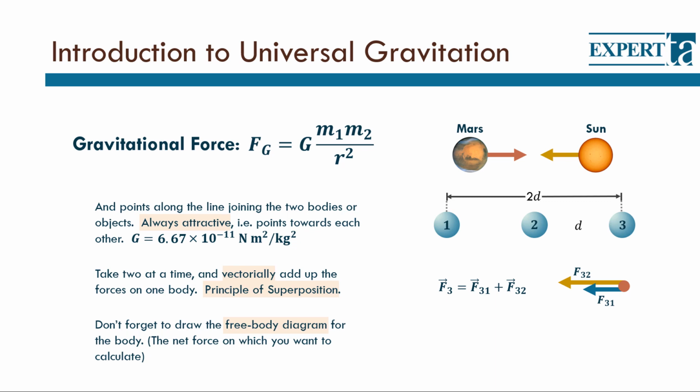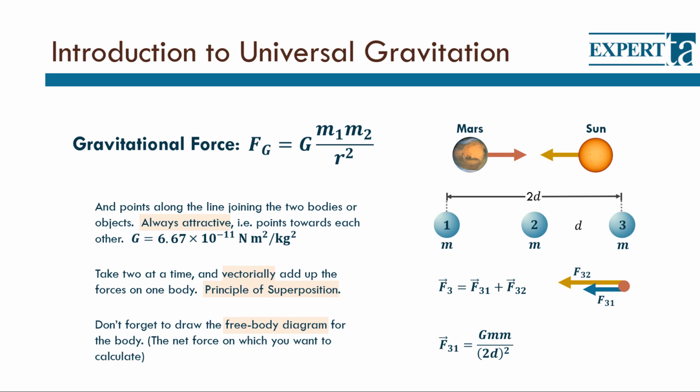And that's the principle of superposition. All the individual forces get added together vectorially. Now, since this is a one-dimensional problem, you can simply add or subtract after you get the directions correct. So what is F31? F31 is G, and let's take all masses to be M, so G M M over the distance 2d away, so (2d) squared. Remember that this is not the same as 2d squared.